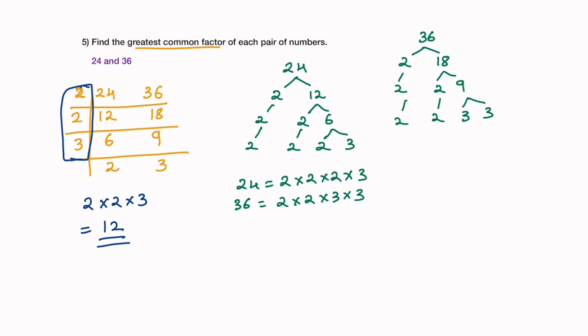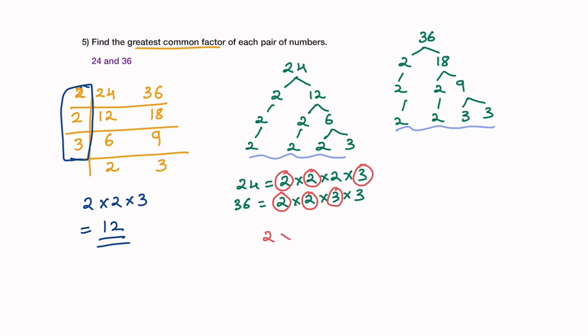I'm sure you remember these are the last things that we write down. We multiply them, right? And now here we find the common factor. Which are the common factors here? 2, 2, there's another 2 here, but we don't have it in 36. So we take this 3 and we take 3. So these are the common factors.